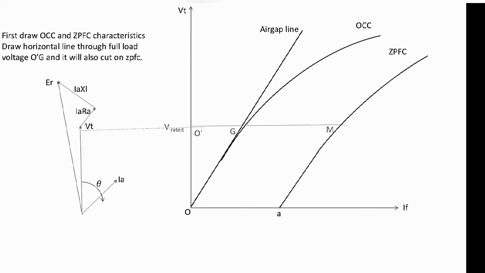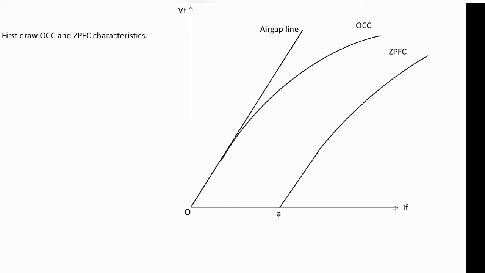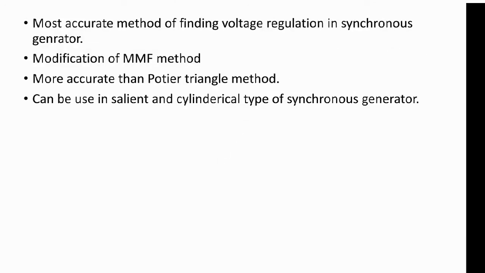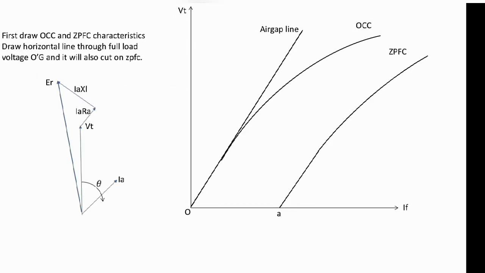First we get the OCC and ZPFC characteristics. Then we get the terminal voltage, which is drawn from the Vt phasor diagram, and we get the point M. Before that we get the point A by the short circuit test.